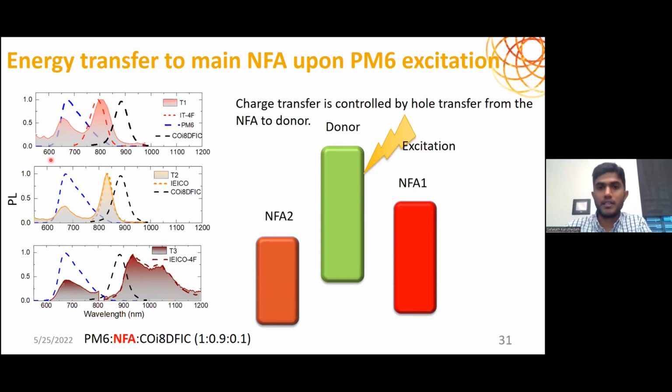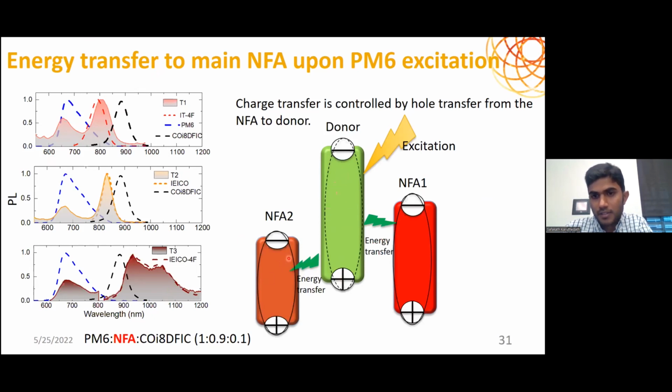So what happens here: when you excite the donor material, it creates excitons, and it does energy transfer to both NFA materials, depending on the overlap of the material systems. And then we will have hole transfer or charge transfer via hole transfer from these two systems.